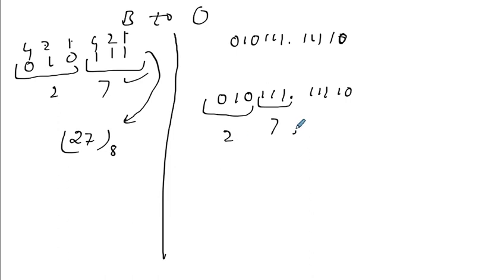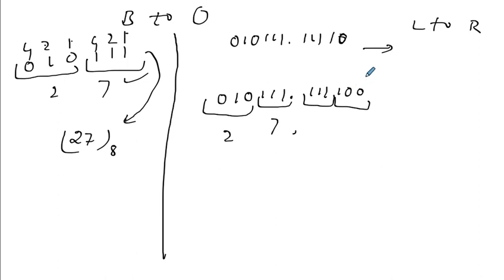Point. For the fractional part, we have to make groups of 3 digits from left to right, remember this. This is the first group. For the second group I have only 1 0, so put one more 0. I hope this is clear to you.